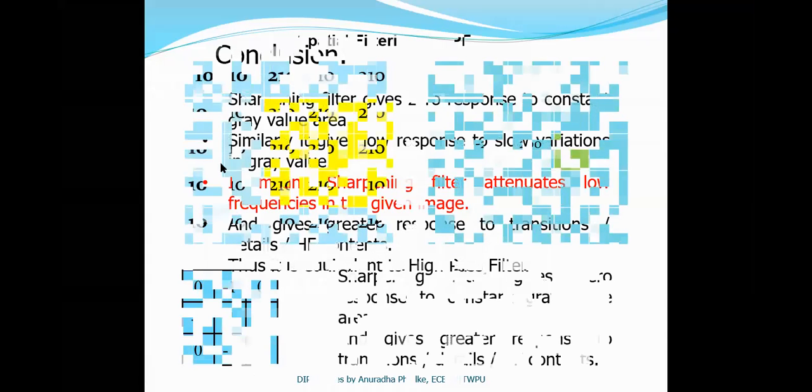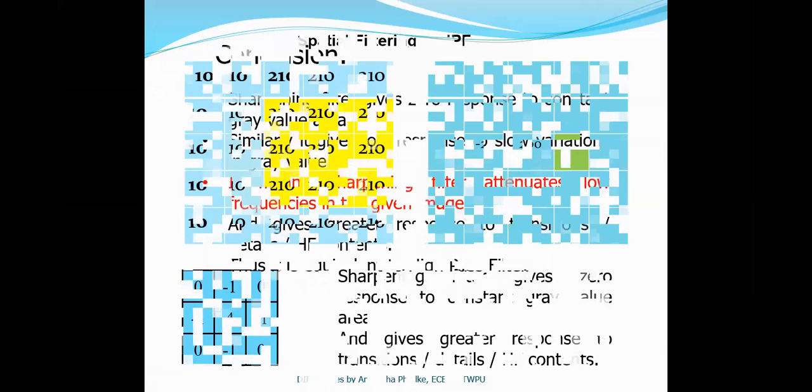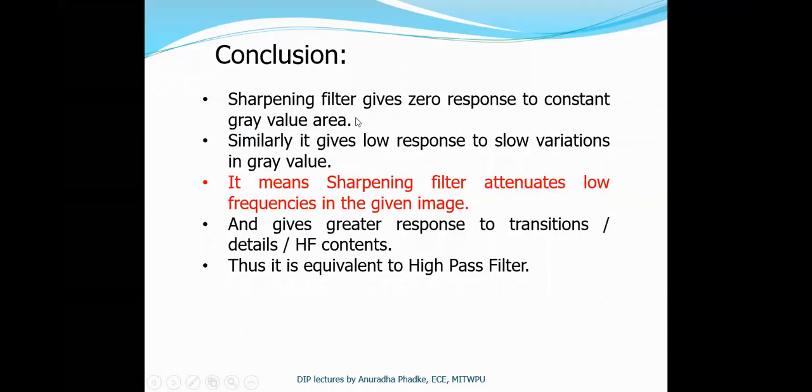So sharpening filters are useful for detecting edges and fine details in the given image. And as it attenuates low frequencies and gives response to high frequencies, sharpening filters are equivalent to a high pass filtering operation.